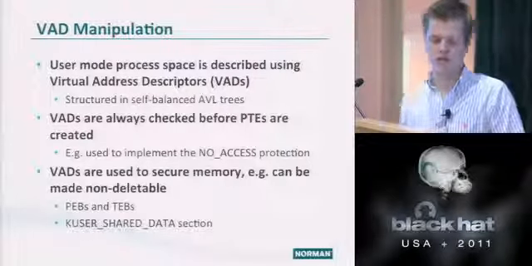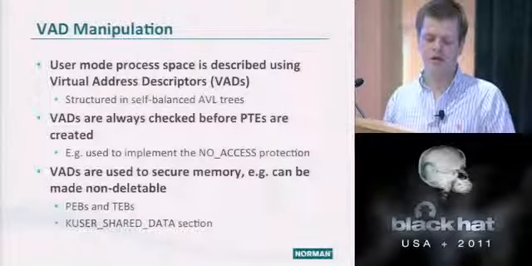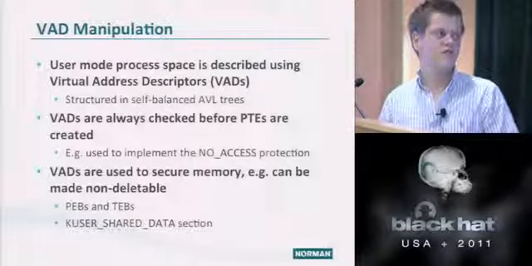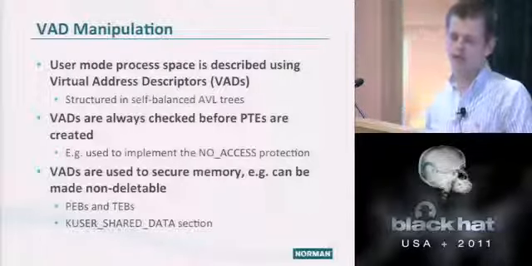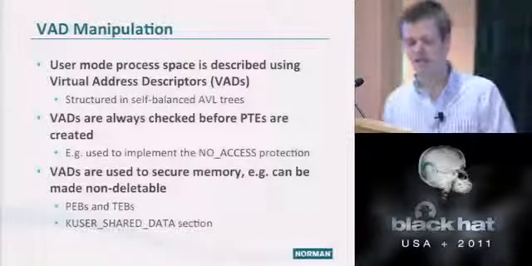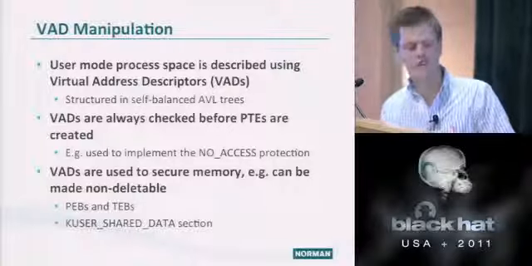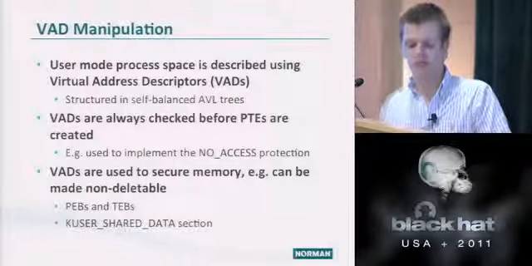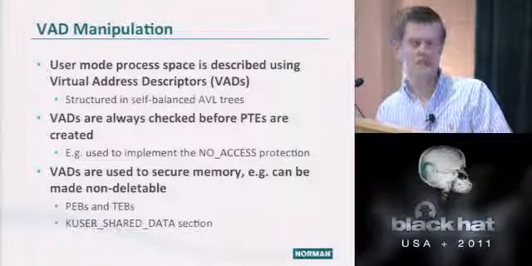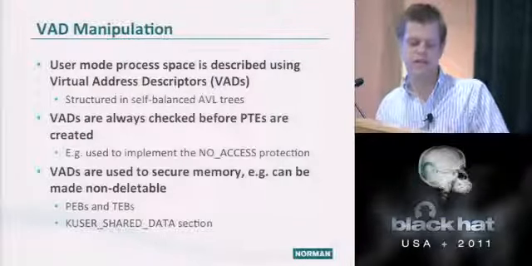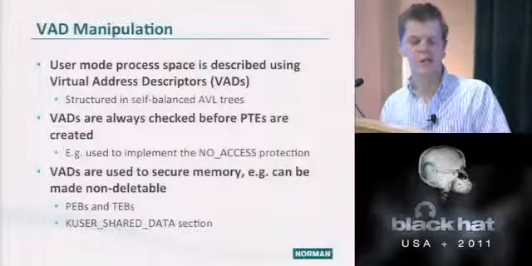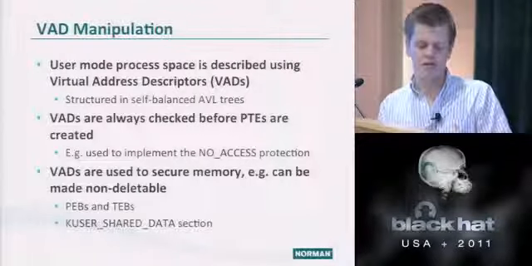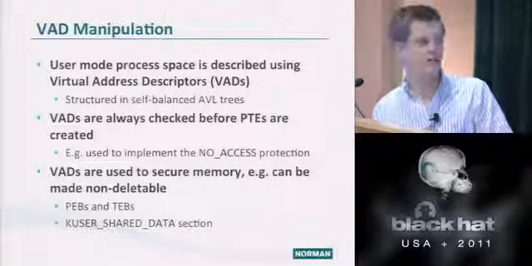What's neat about VADs is that they're always checked before a page table entry is created. This is, for instance, the way that Windows implements the no-access protection. VADs are also used to secure memory, and they can be made non-deletable. For instance, the process environment block and the thread environment block use this feature to prevent you from deleting the mapping. It's also used on the KUSER_SHARED_DATA section.